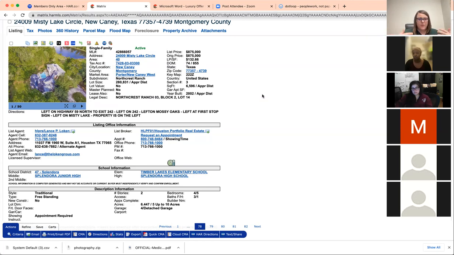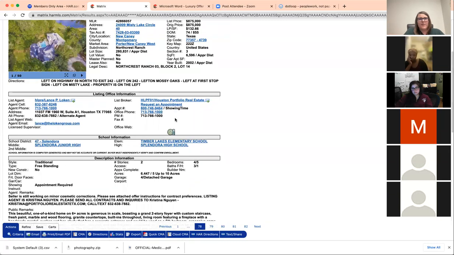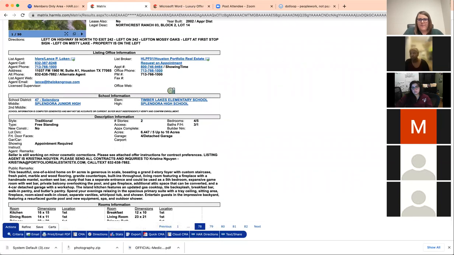So I'm not going to go too far into that right now, but just notice if they say, well, this lot is sold with the lot next door, you just need to double check that they're not 2 tax IDs, because that will be 2 separate contracts. Okay.